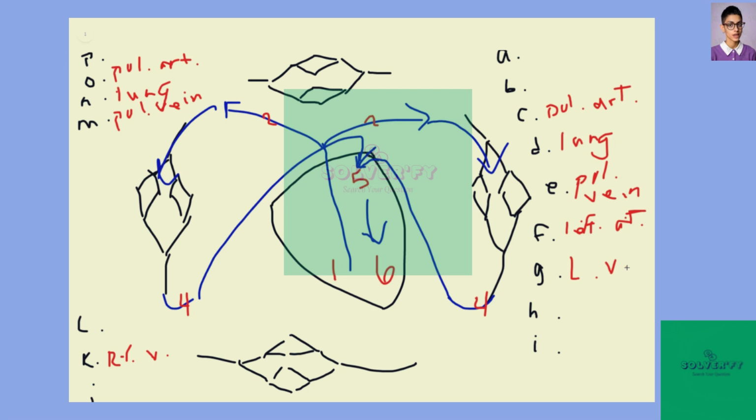All right, now blood needs to be pumped out to the rest of your body. We're going to have some of the blood going to places like your head, chest, and arms. So that'll be going up this direction here. And some of the blood is going to be going to your abdomen and your legs.